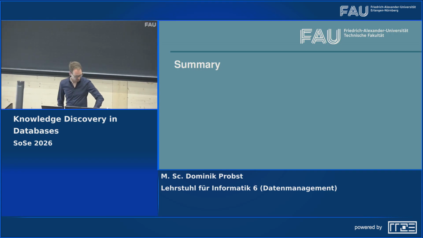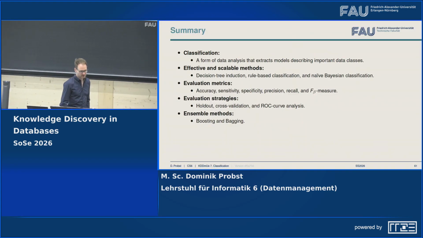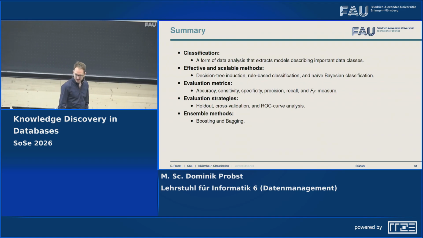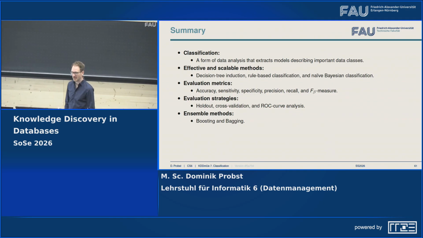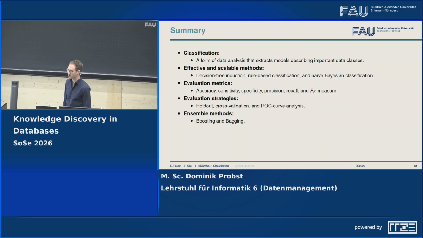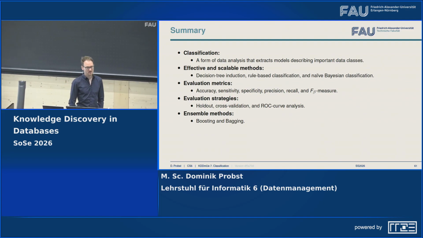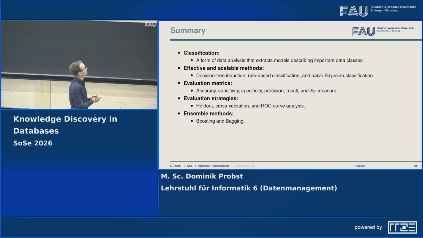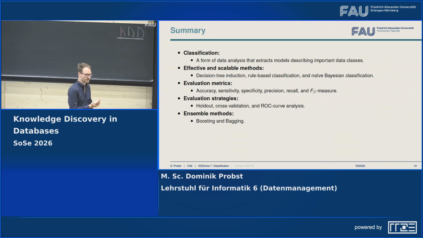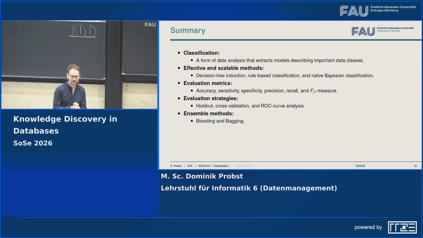We are now finished with the chapter of classification. Classification was a supervised training method where we do have some tuples with known good classes. And we trained different kinds of models on this data to predict the classes of unknown data. We talked about decision tree induction, rule-based classification, and naive Bayesian classification, where I would put the most importance on decision tree induction and naive Bayes classification.